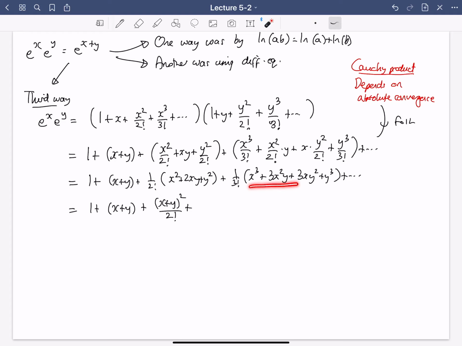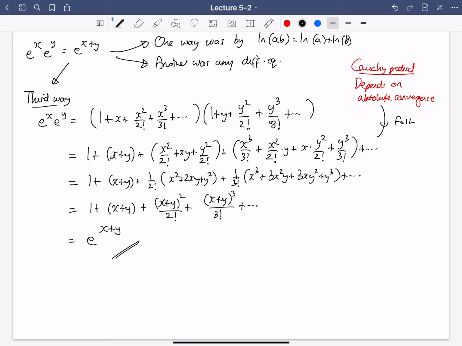And then here I've got coefficients 1, 3, 3, 1, which is the third row of Pascal's triangle from the expansion of x plus y all cubed, and so on. And so lo and behold, what I have here is the definition of e to the power x plus y by our power series definition. So that proves the laws of exponents kind of directly from this definition.